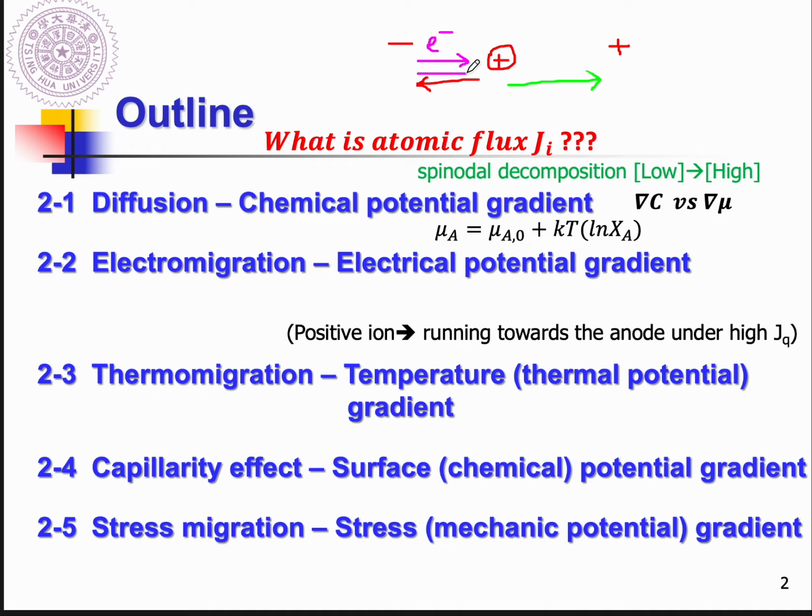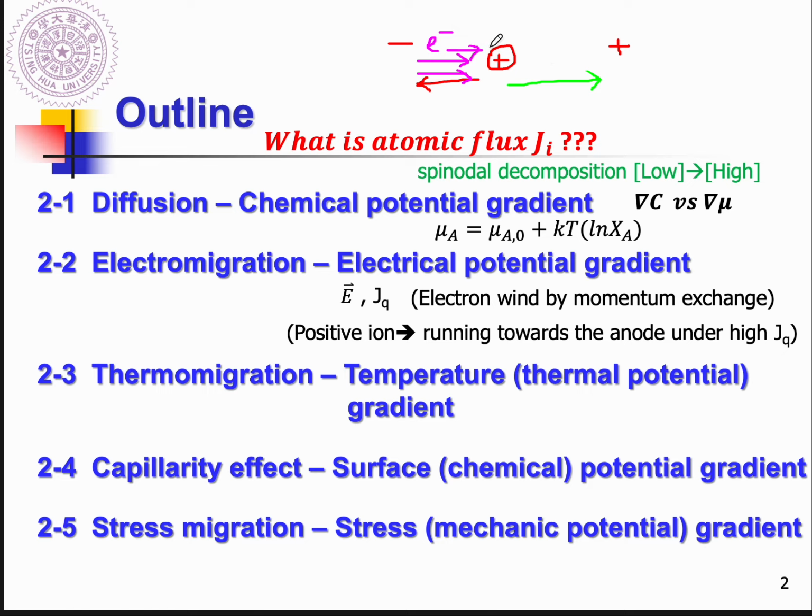So the real reason is that these atoms are pushed by the electron flow. The electron flow can be considered as an electron wind. Some people call it an electron wind that bombards the positive ions and pushes these ions to move. So why is this so important to mention in these lectures?